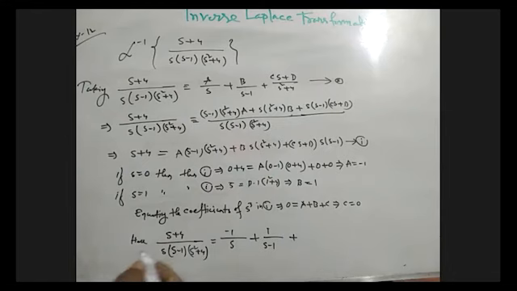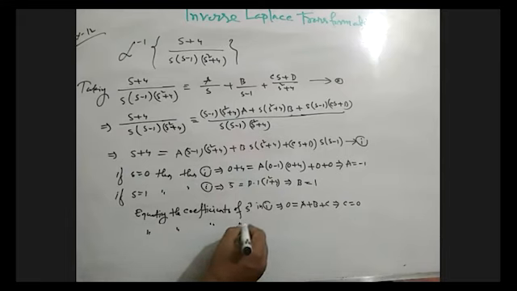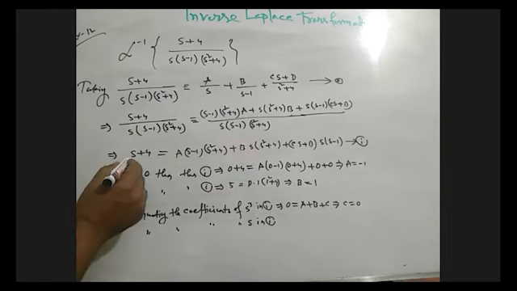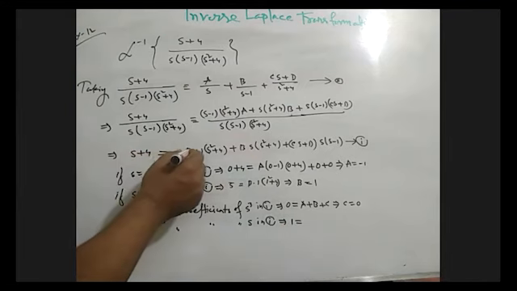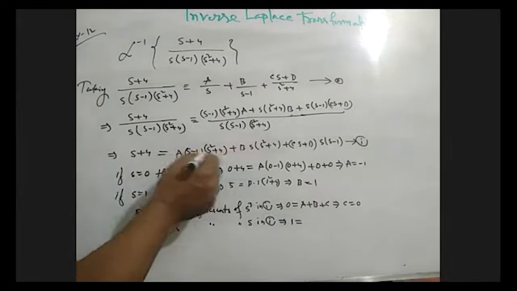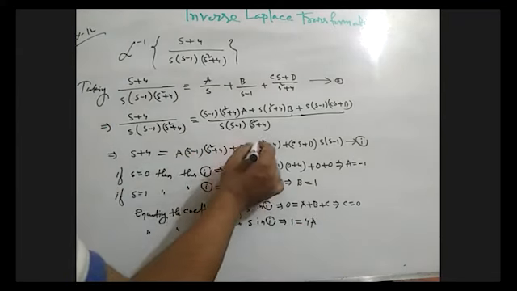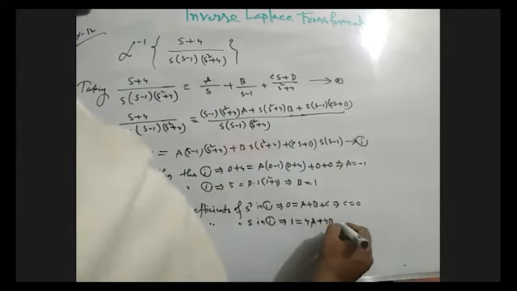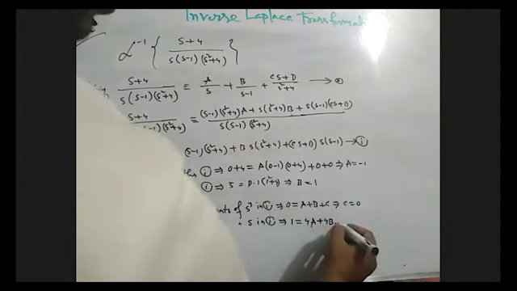Now, equating the coefficient of s in equation 1: on the left hand side the coefficient of s is only 1, and on the right hand side it is 4a, plus 4b, minus d.